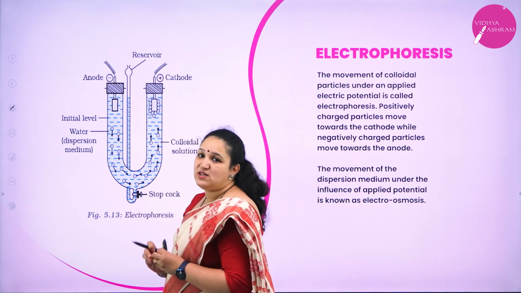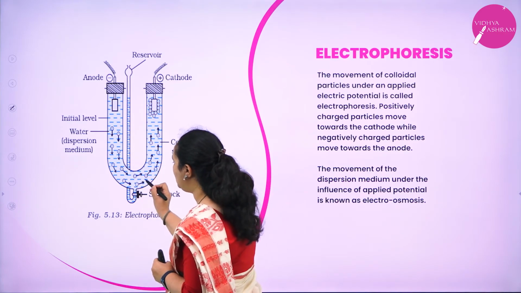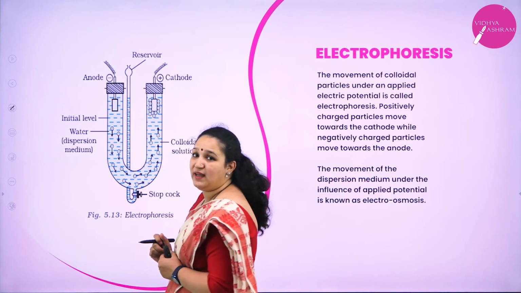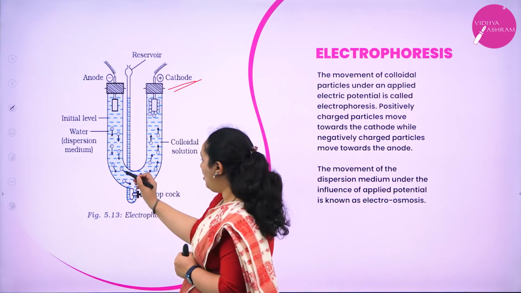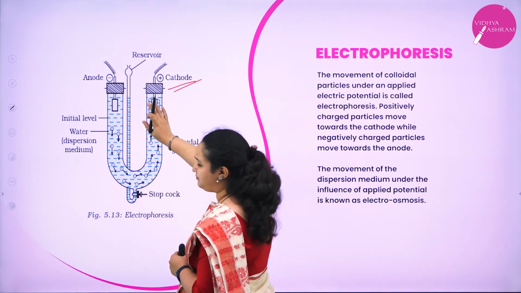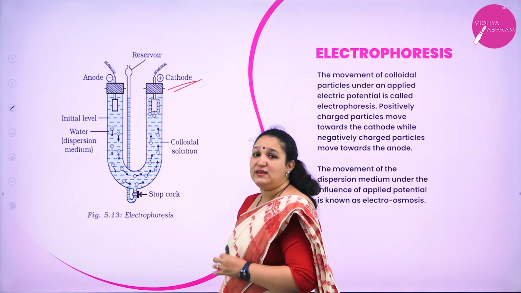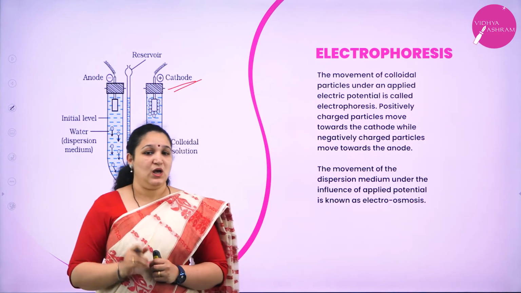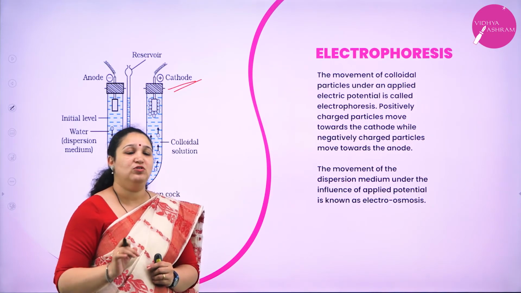When electricity passes through this, the negatively charged colloidal particles start getting attracted towards the cathode. Cathode is positive, hence all the negative particles will start going towards the cathode and they will get discharged at the cathode there. Okay, this movement of the colloidal particles when electric field is applied, we call it electrophoresis.